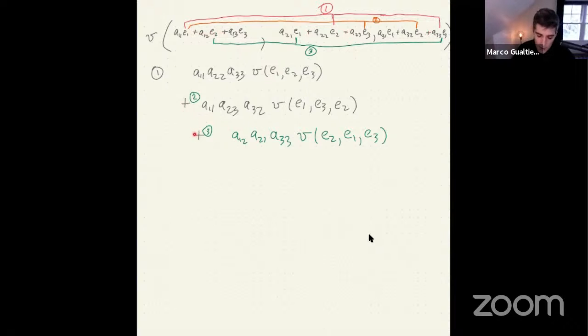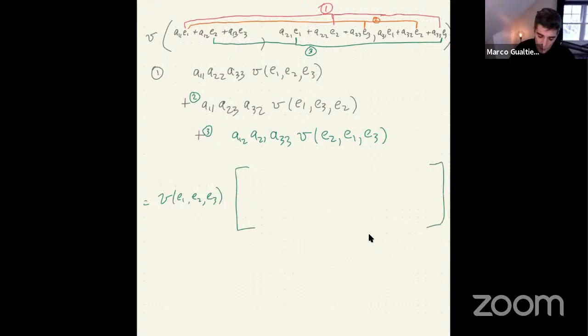These are all plus. Okay, but each one of these is multiplied by V, E1, E2, E3, but this is not E1, E2, E3, right? So I want to take this volume out of the sum. So I want to write this as V, E1, E2, E3 times a bunch of terms.